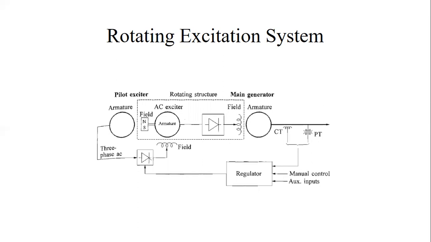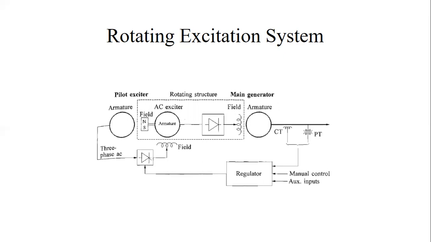High initial response performance of the brushless excitation can be achieved by the special design of the AC exciter and high voltage forcing of the exciter stationary field winding. An example of such a system is the Westinghouse high initial response brushless excitation system. This is where the actual application of this exciter is used.